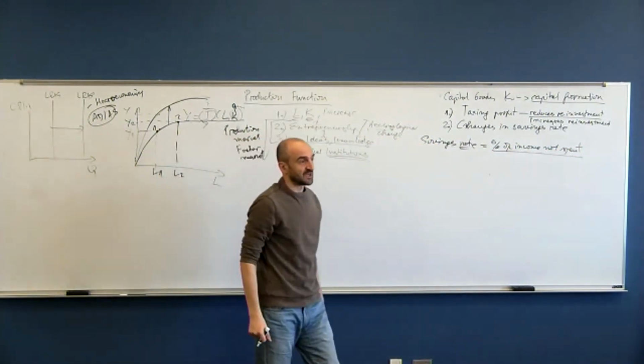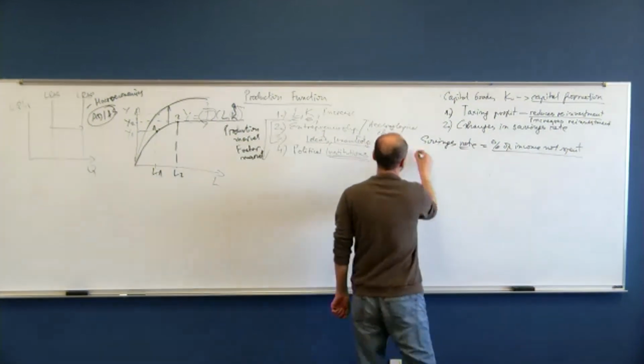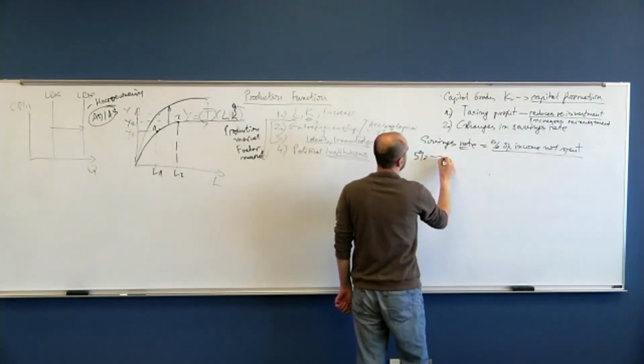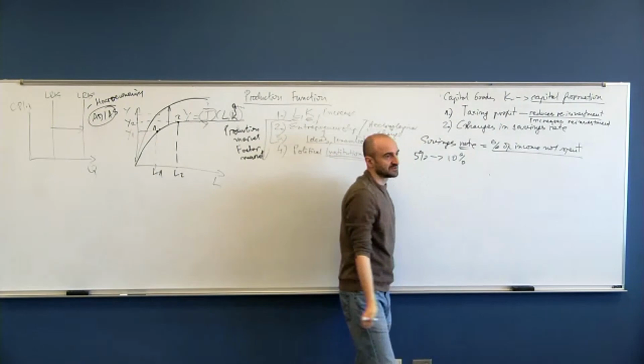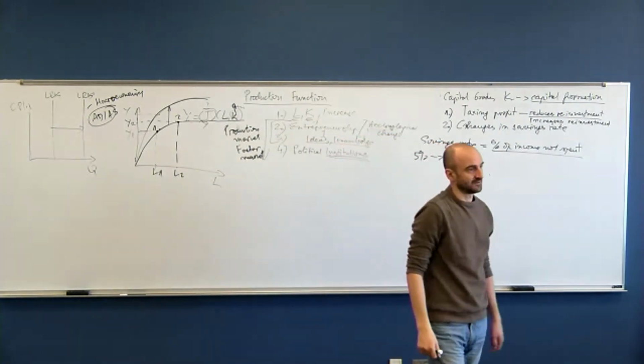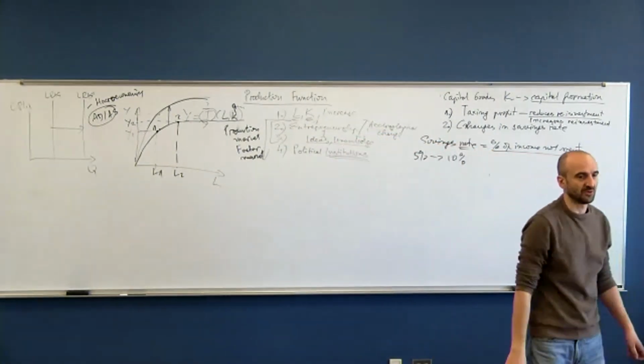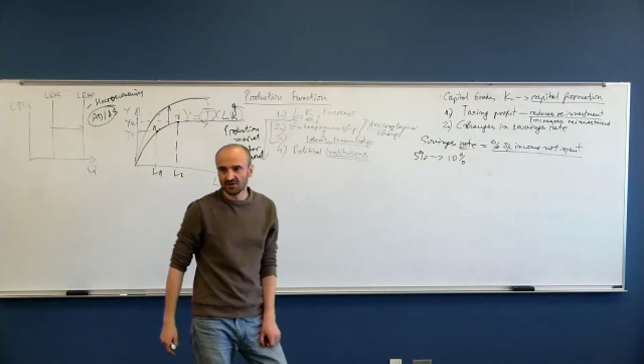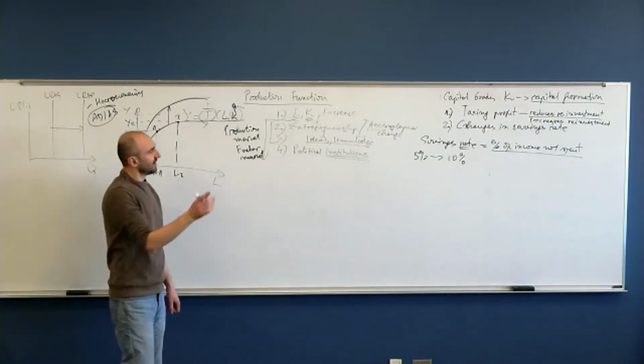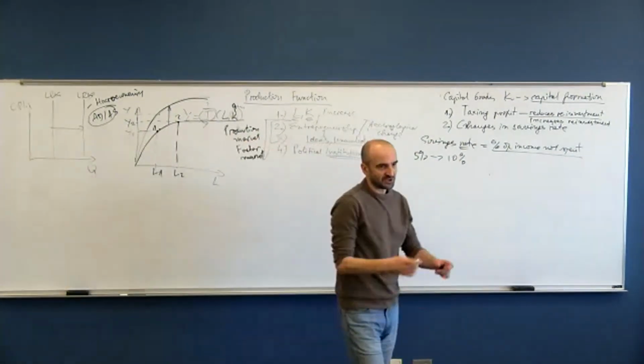So when the savings rate goes up, from 5% to 10%, that means consumption goes down, from 95% of income to 90%. What happens next? How does that affect capital formation?